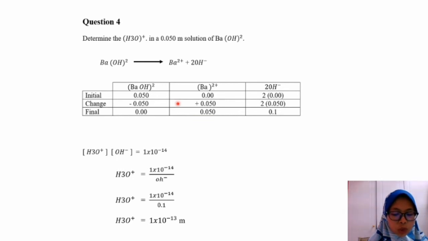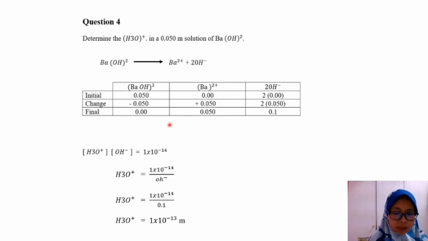So this one you only have 1, so plus 0.050, and then for this one, because you have 2 moles of OH minus, it will be 2 times 0.050.